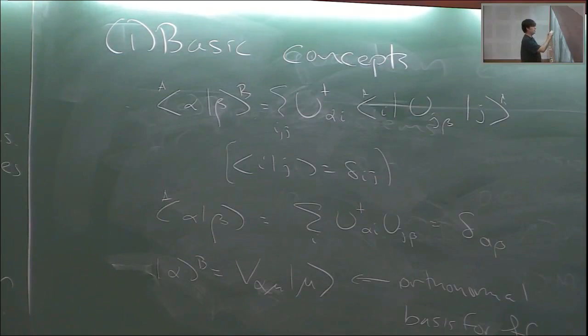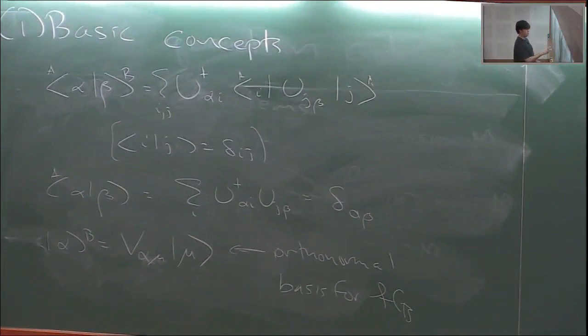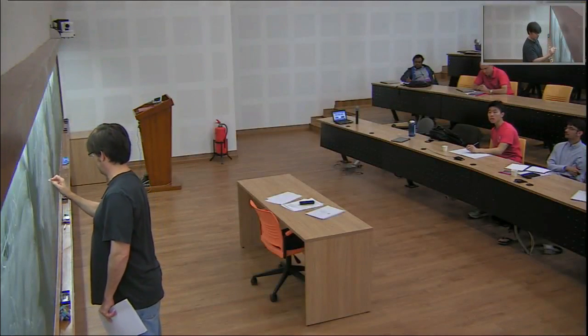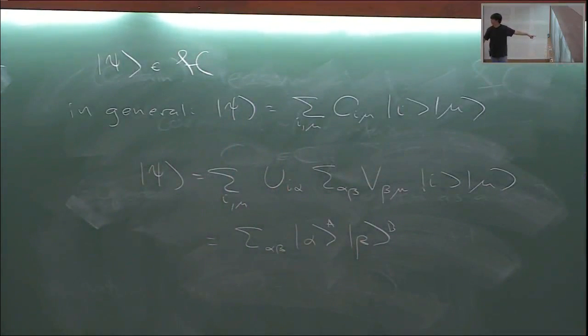Using this fact, I have psi equals sum on i mu, and now I've written this as U_i alpha sigma_alpha beta V_beta mu times |i mu>. But U times |i> gives, you find pretty quickly, just sigma_alpha beta |alpha_A> |beta_B> by the formula I've just given you.